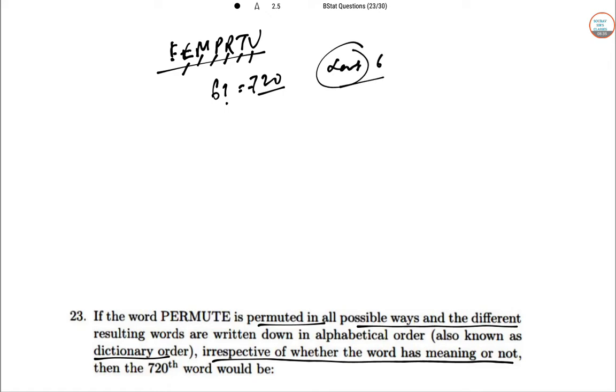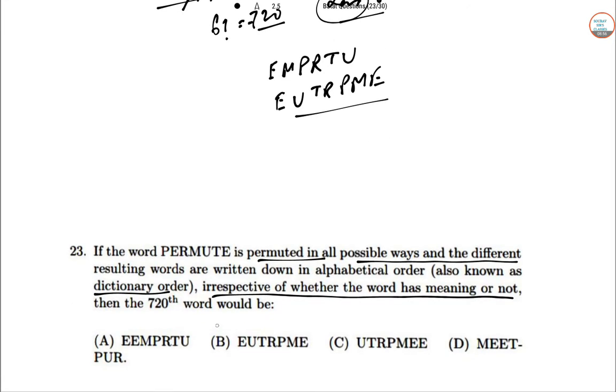Then the 720th word is definitely the last of the given dictionary ordering of the permutations, which has to be E, U, T, R, P, M, E. So seeing the options, we can say that option number B is correct.